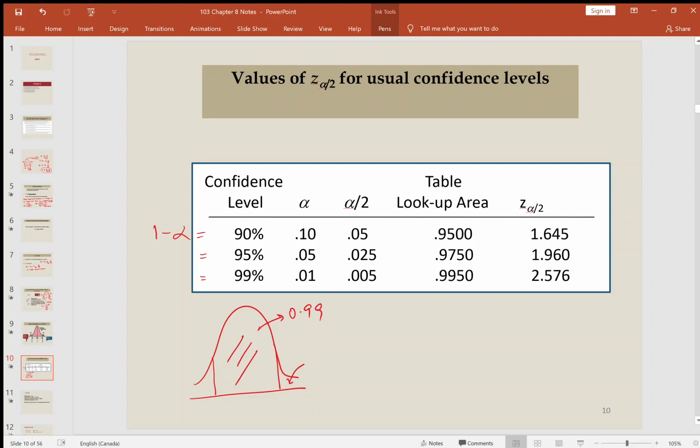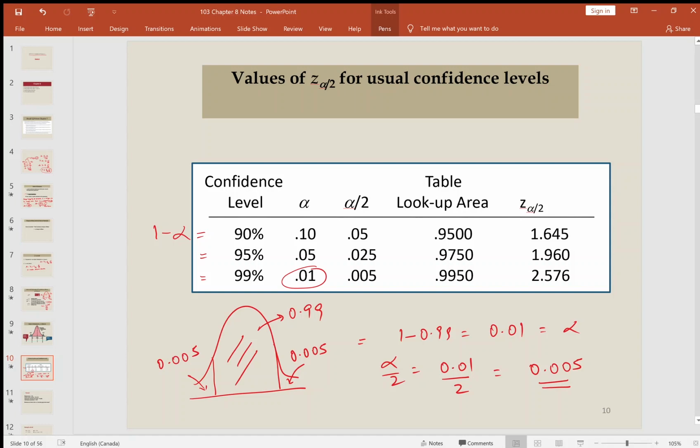Remember, this area and this area together are equal to 1 minus 0.99, which is 0.01. That is the alpha right here. So alpha by 2 is going to be 0.01 divided by 2, which is 0.005. So this is going to be 0.005, and similarly this is going to be 0.005.